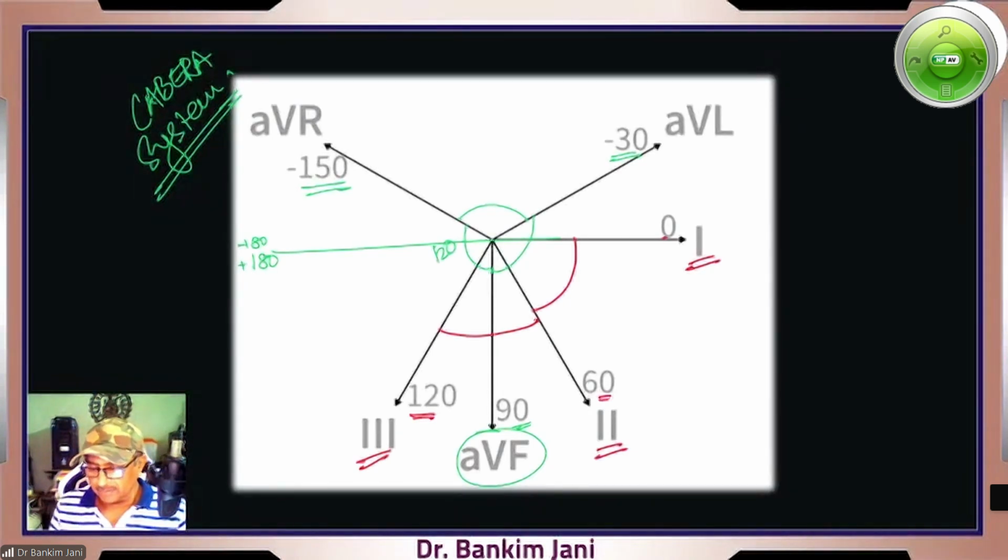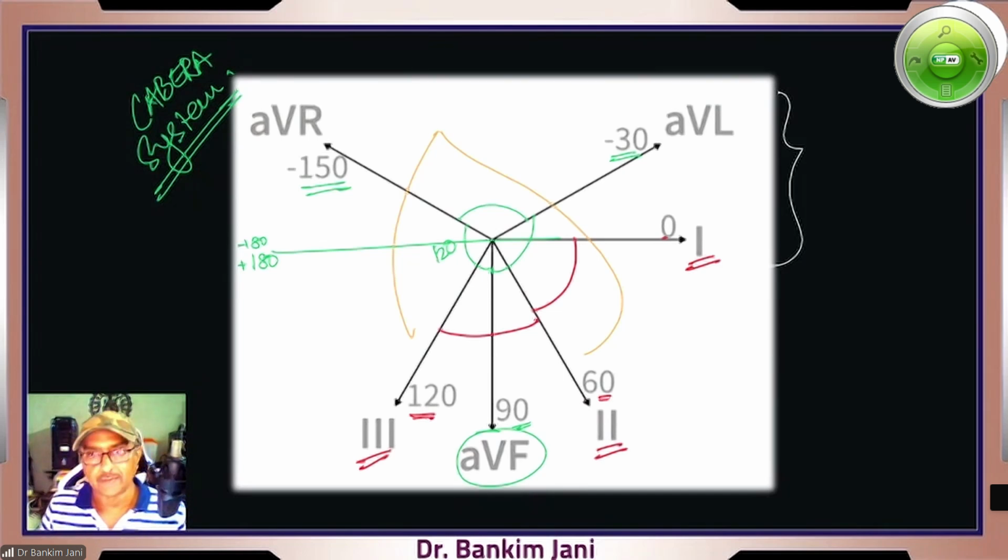One more thing. This lead 1 and this AVL, what will they be watching? The heart is like this. Right? So they will be watching the left lateral side of the heart.